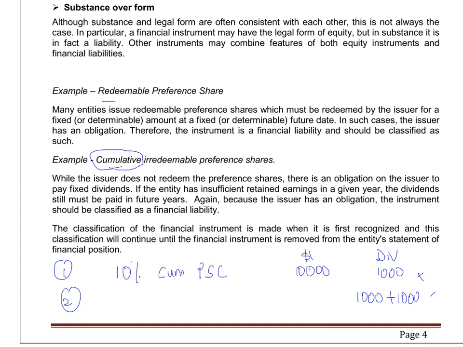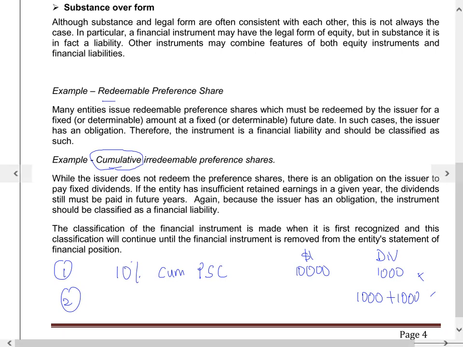It's not that I do not have money to pay, then I don't pay. So it's accumulated. So this cumulative irredeemable preference share, 1,000 with no money, because the fact that it's cumulative, I have to pay 2,000. So they have similar characteristics as a loan interest. Therefore, cumulative irredeemable preference share must also be treated as financial liability. We apply substance over form.